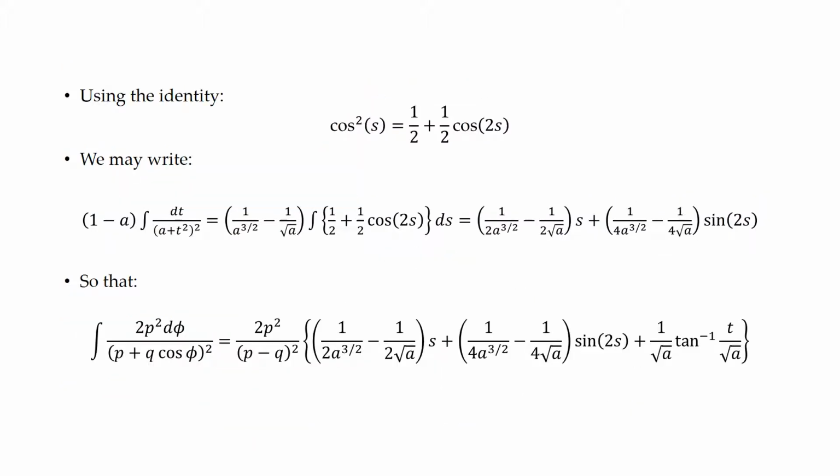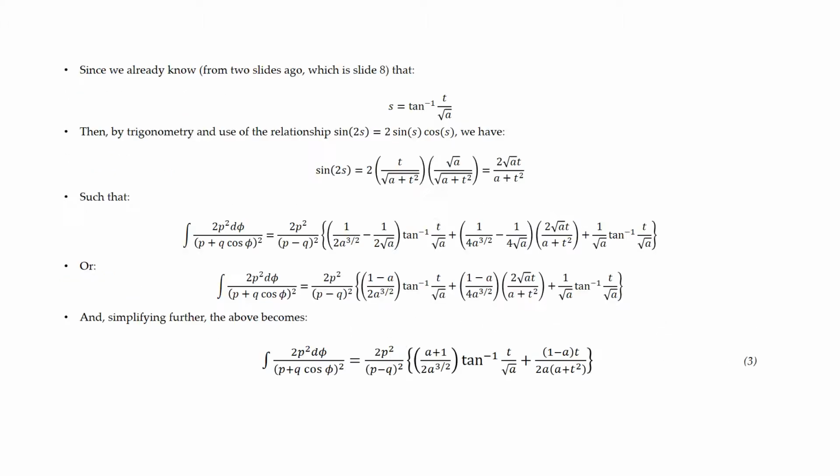We then use the familiar identity cos squared s is equal to a half plus a half cos 2s, and eventually obtain the following two versions of the solution, the latter in terms of both the sine and inverse tangent functions of both s and t respectively.